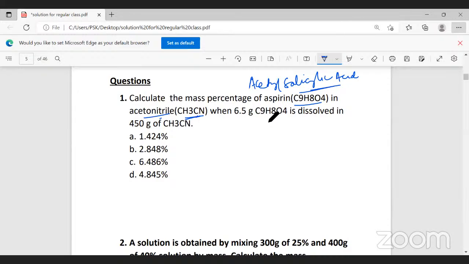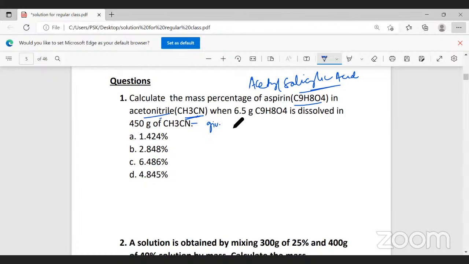When 6.5 grams of aspirin is dissolved in 450 grams of acetonitrile, they're asking you to calculate the mass percentage of aspirin in acetonitrile. That is 450 grams of methyl cyanide, nitrile.